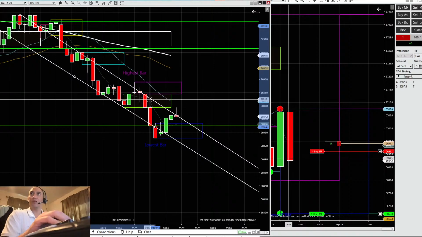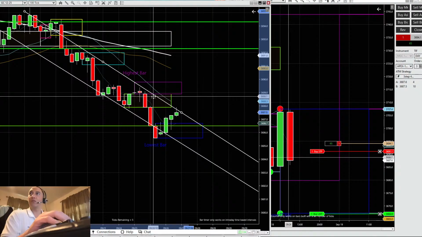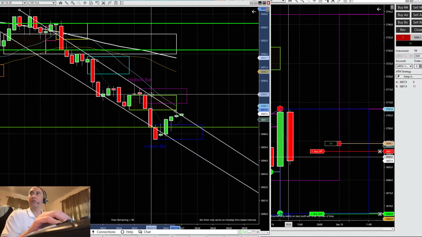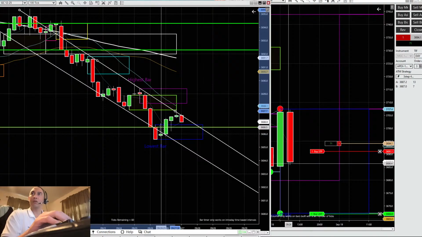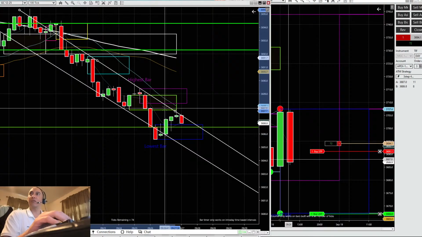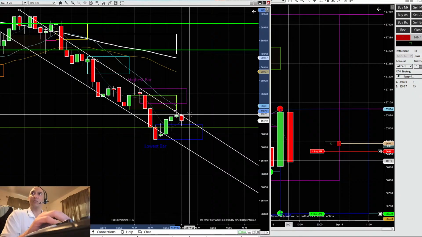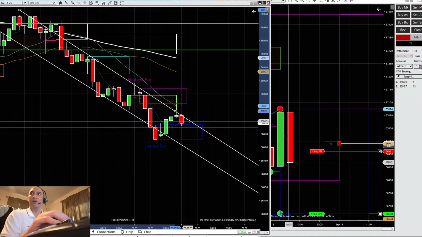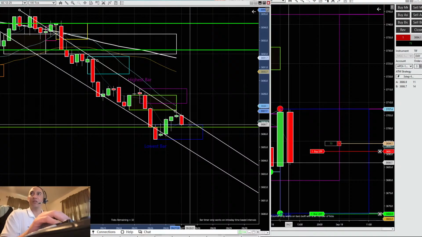So resistance, I don't like how it moves my lines though. So getting resistance right off the lime green box right there. It's dynamic, so it moved down. So rejecting there. You got the blue box here.